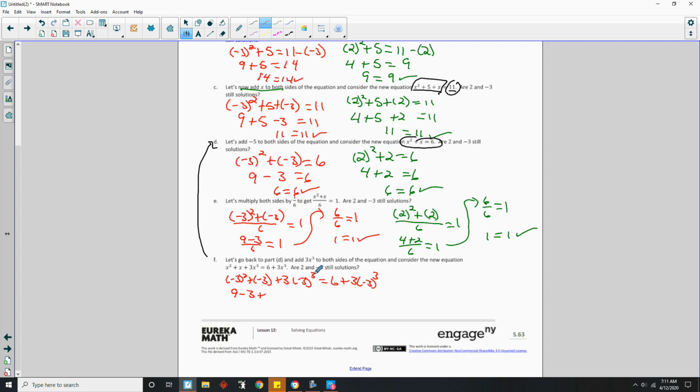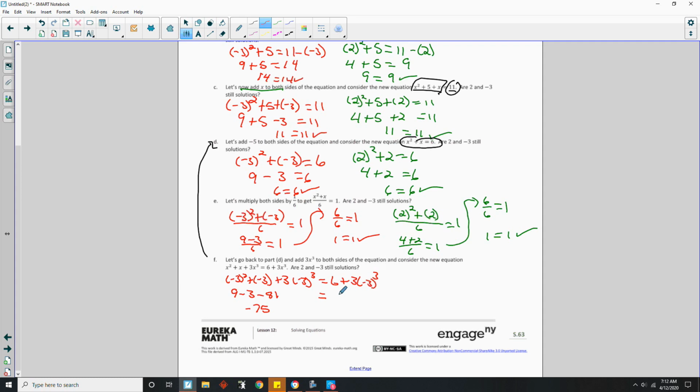Negative 3 to the third power is negative 27 times a positive 3 is negative 81. So that's going to be 9 minus 3 minus 81. 9 minus 3 is 6. 6 minus 81 is negative 75.